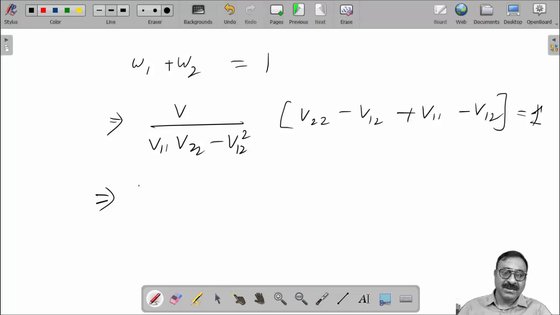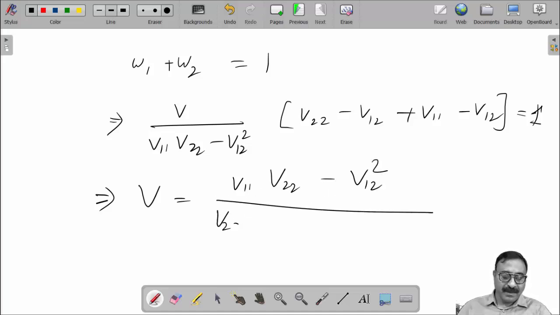So that implies V equal to V11 V22 minus V12 square divided by V11 plus V22 minus 2V12.